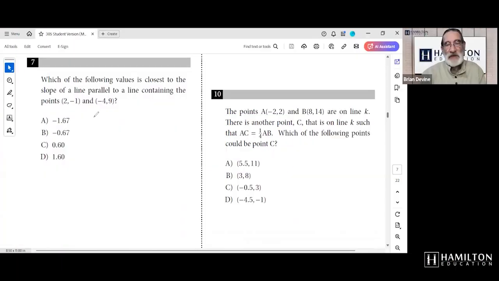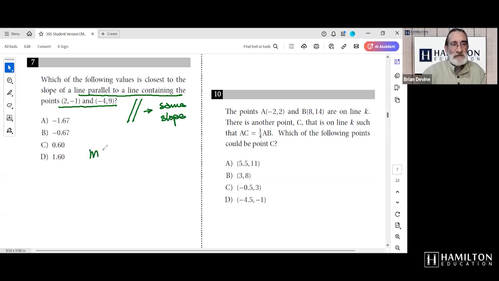Question number 7. Which of the following values is closest to the slope of a line parallel to the line containing these 2 points? And remember, parallel, as we mentioned in an earlier problem, means same slope.